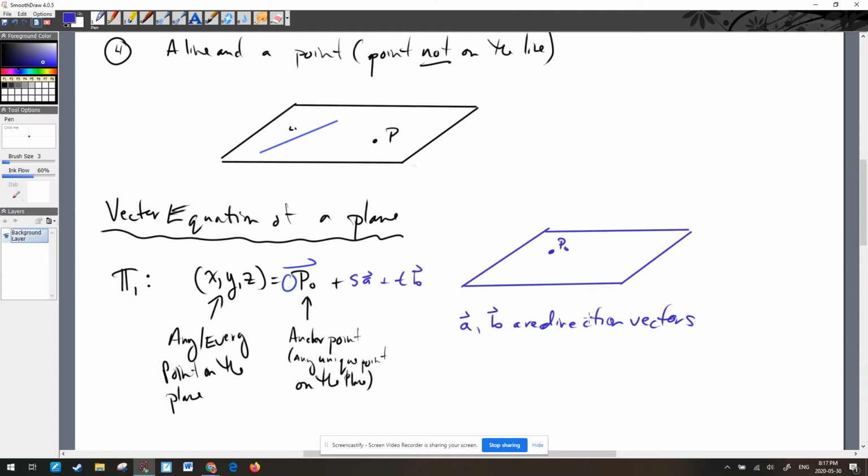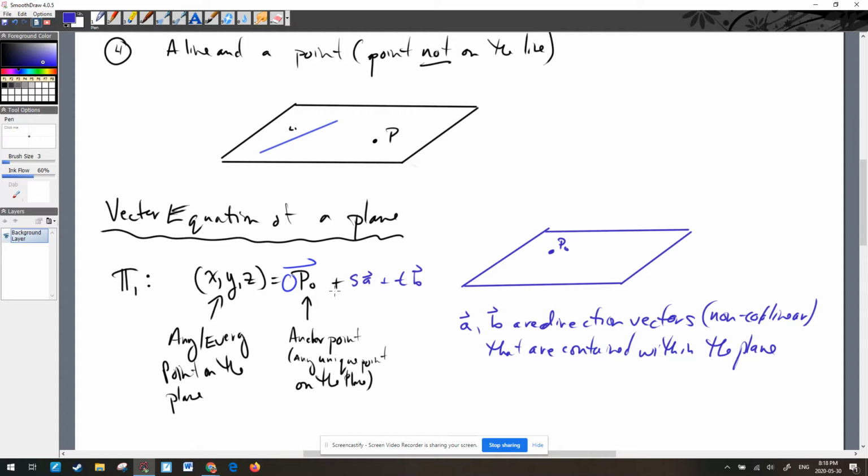And I should probably say direction vectors that are non-collinear. So direction vectors that are contained within the plane. If you think back to one of the things that we did early on, we talked about spanning sets.